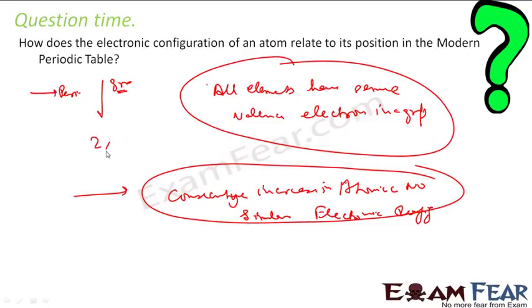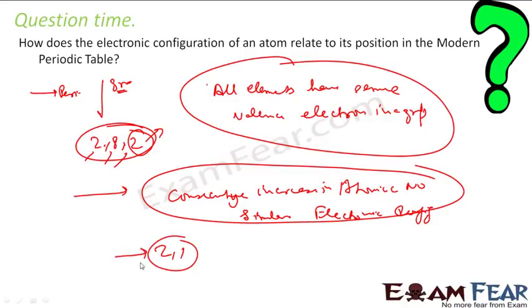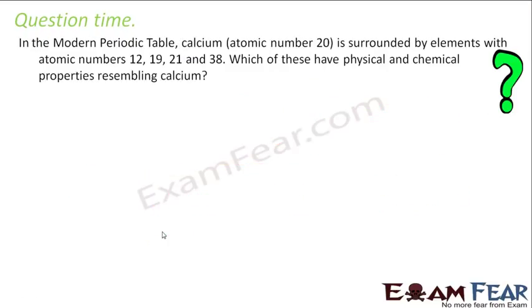For example, if it is 2,8,3, I can tell that it is in the third period and group 13: first, second, third period, and group 13. If I have 2,1, I can say that it is in group 1 and the second period. Just by looking at the electronic configuration, I can tell where the element lies.